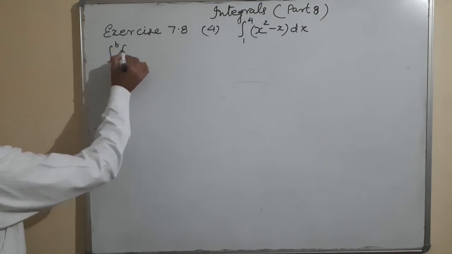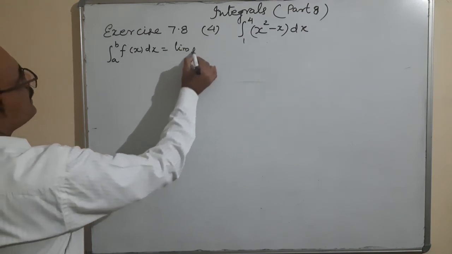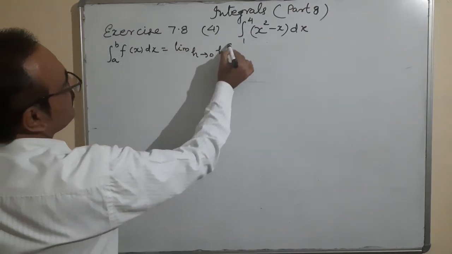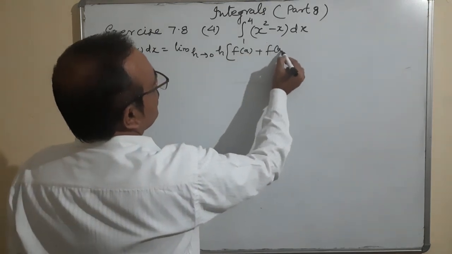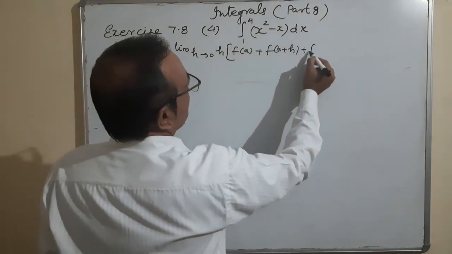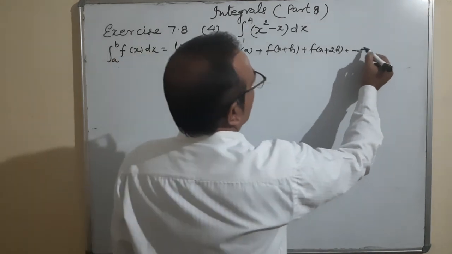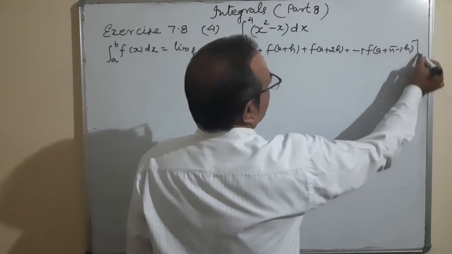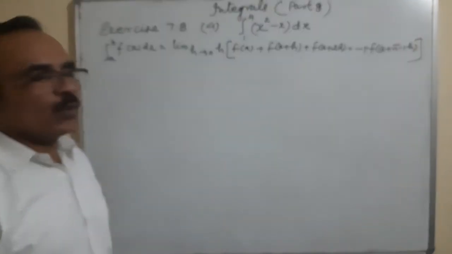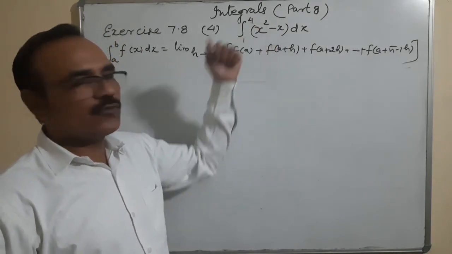Integral a to b f of x dx is equal to limit h tends to 0 h times f of a plus f of a plus h plus f of a plus 2h and so on plus f of a plus n minus 1 into h. What is the lower limit? a is treated as 1 and b is 4.